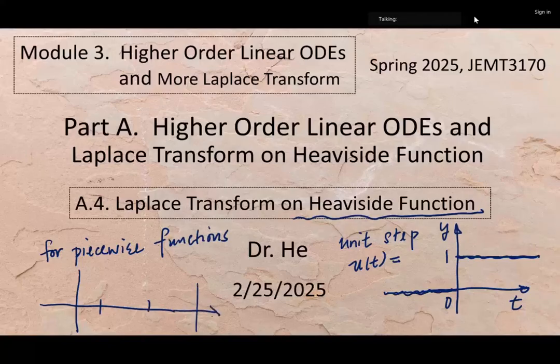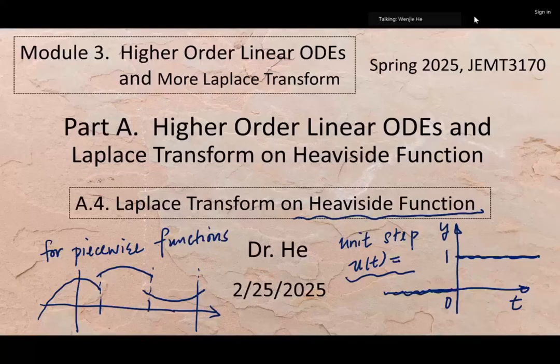The first piece, one function; the second piece, another function; the third piece, another function. When our driving force has this special property, then we can use the Heaviside function or unit step function to represent piecewise functions.